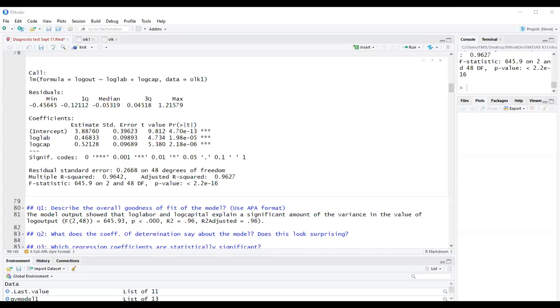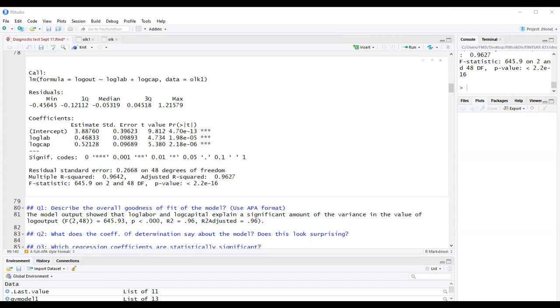Ito ba yun? Kasi sabi natin, ito yung equation natin. Now, if you wrote the equation this way, tama tong A na to. This is 3.8876.